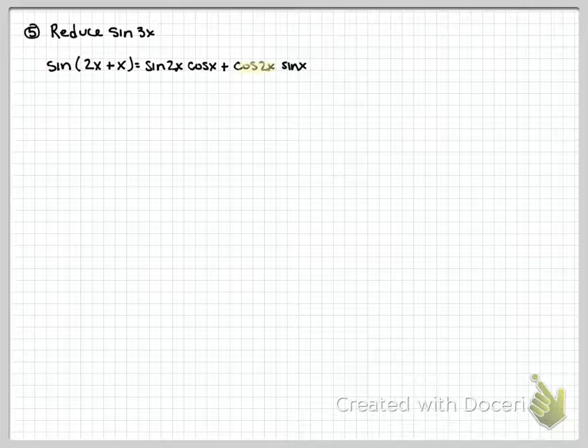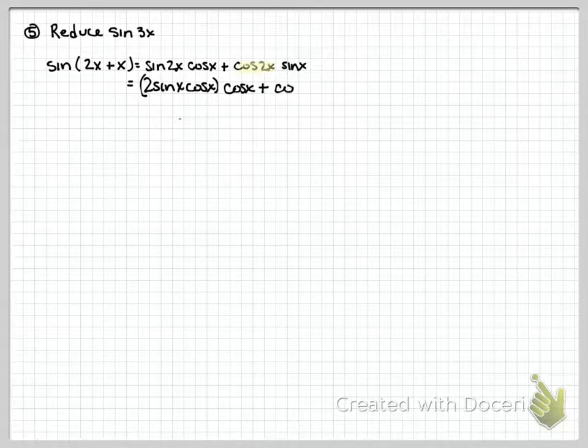Now I know that the sine of 2x is 2 times the sine of x cosine of x. That's going to be times the cosine of x plus, and I'm going to leave that as a cosine of 2x for right now, sine of x.